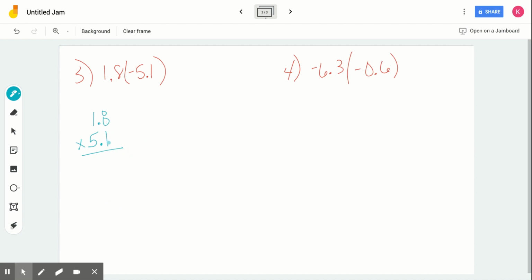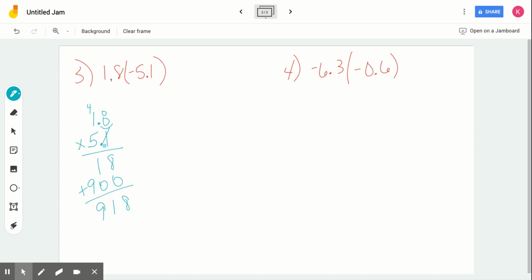So here we have 8 times 1 is 8. 1 times 1 is 1. 0 for a placeholder. 8 times 5 is 40. Carry a 4. 5 times 1 is 5, plus 4 is 9. We add our columns: 8 and 0, 1 and 0, and 9.